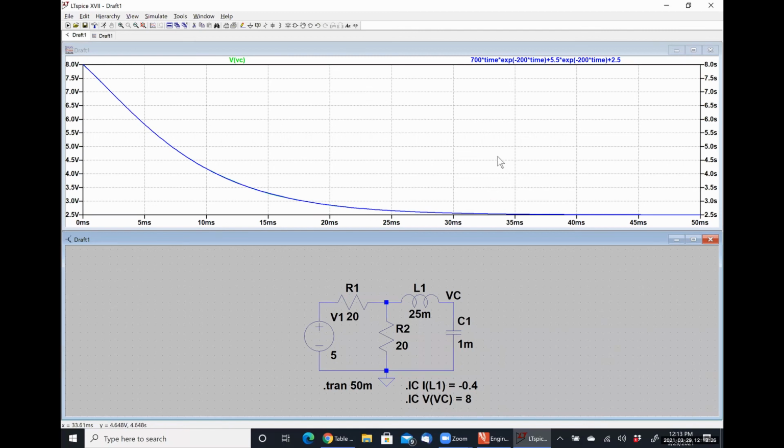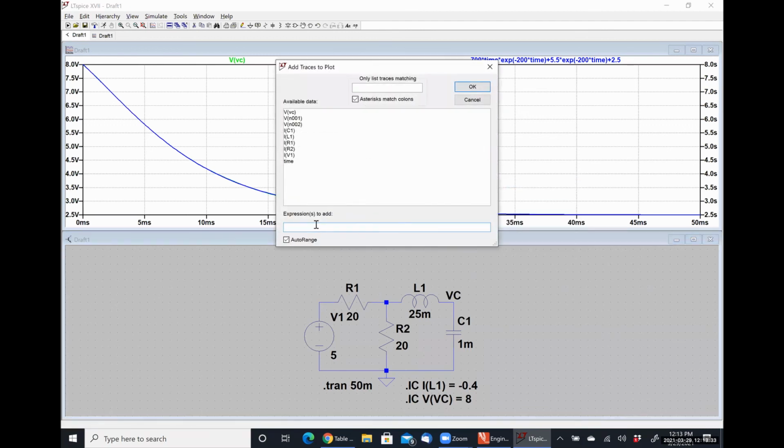Right click anywhere in the plot area, click the add traces button. And then right here where it says expressions to add, you can do mathematical expressions on all of the different signals, but you can also just type in mathematical expressions too. So I just typed in the thing. Just make sure that T in your analytical solution is replaced by the variable it keeps track of, time.